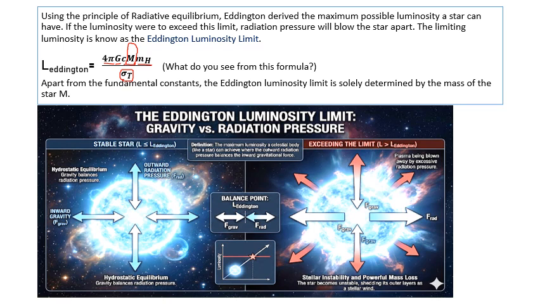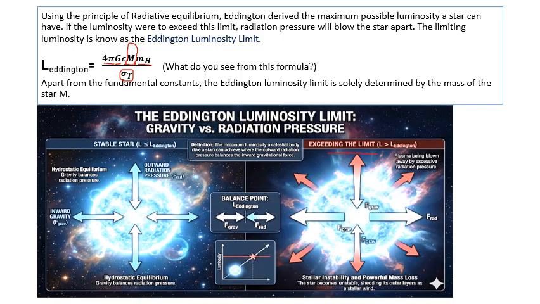So if the luminosity of the star is less than the Eddington limit, the outward radiation pressure will balance out the inward gravitational force, and therefore we will have a star that is stable. But if the luminosity exceeds the Eddington limit, these pressure forces will win. They will surpass the gravitational attractive forces, and the plasma inside the star will blow away.